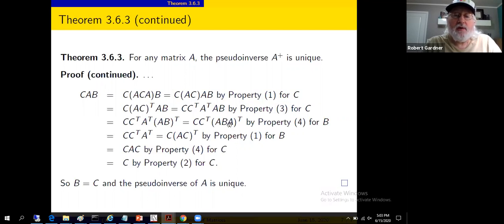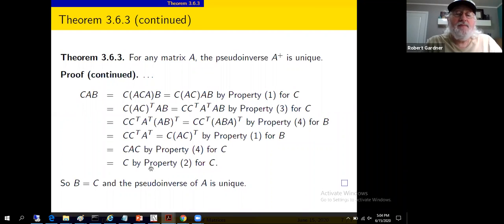So yeah, that's just that part of the equality. That equality is just properties of transposes of products. Why would you want to do that? Hey, A pseudo inverse times A, that's A itself, property 1. So we can take the ABA, rewrite it as A, it's still inside the transpose. Okay, we got a product of two transposes. Do your thing with transposes again, reverse the order, put the transpose outside, say, hey, wait a second, that's A times a pseudo inverse, that's symmetric. We can drop the transpose to get the AC, and we've got CAC.